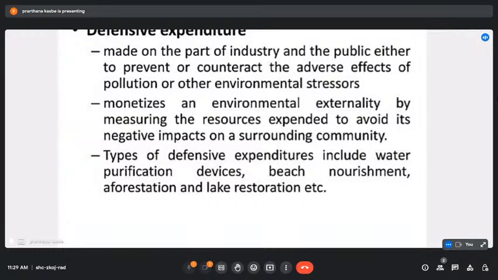In that, we have discussed the market base and another one is surrogate base. In market base, we have discussed the factor of production, producer or consumer surplus, defensive expenditure, etc. And in surrogate market, we have to discuss the hedonic pricing, travel cost, etc.